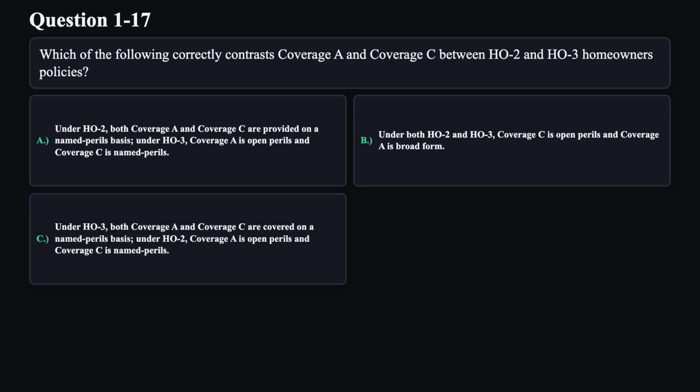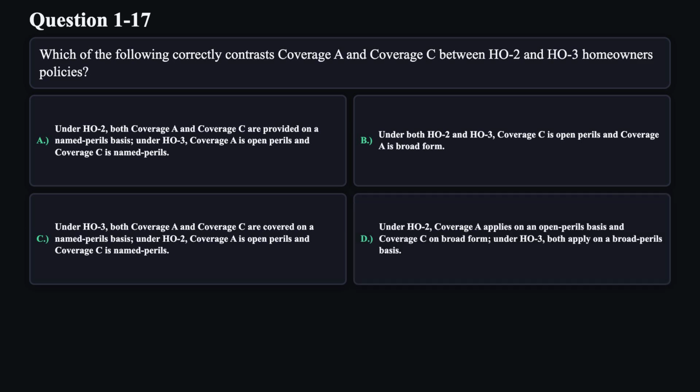C. Under HO3, both coverage A and coverage C are covered on a named perils basis. Under HO2, coverage A is open perils, and coverage C is named perils. D. Under HO2, coverage A applies on an open perils basis, and coverage C on broad form. Under HO3, both apply on a broad perils basis.